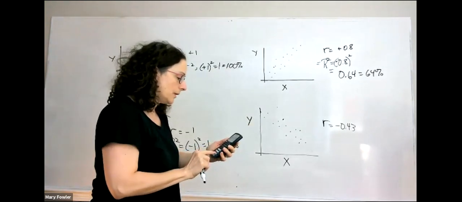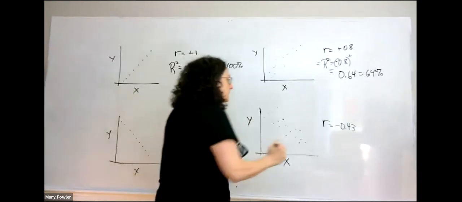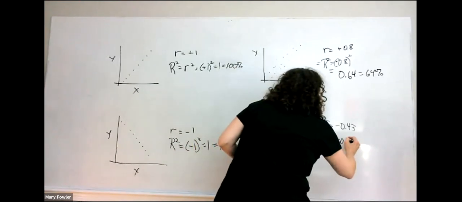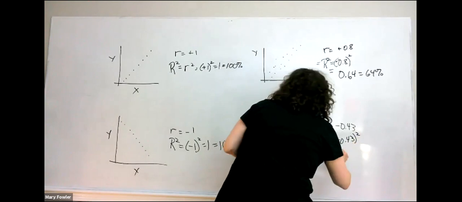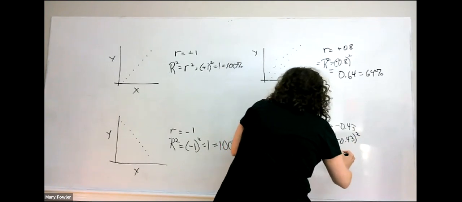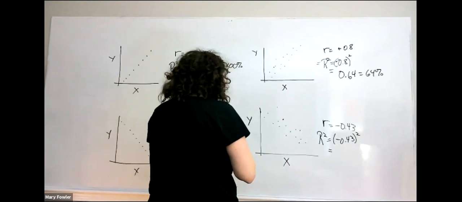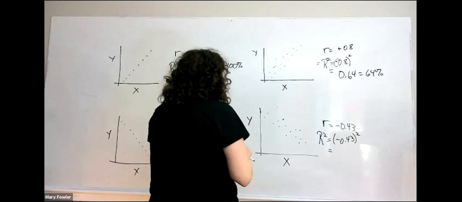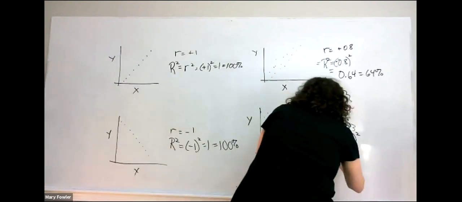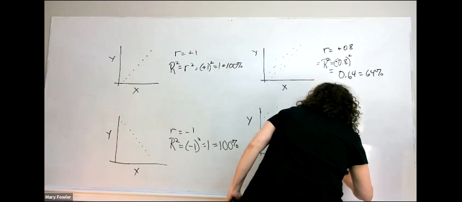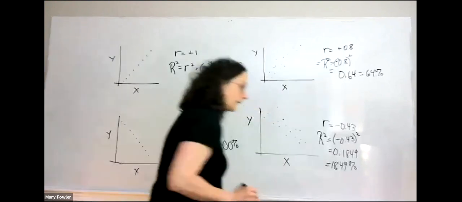Okay, so R squared is equal to negative 0.43 squared, and that's going to be, I'm a little slow with this, 0.1849 or 18.49%.